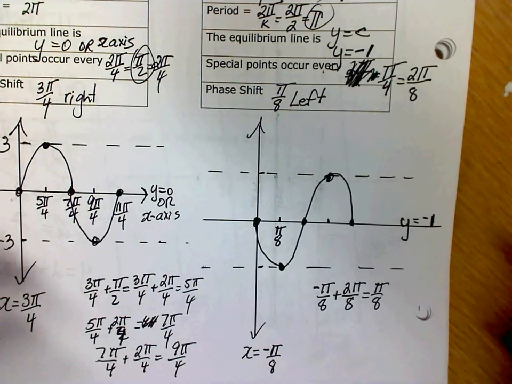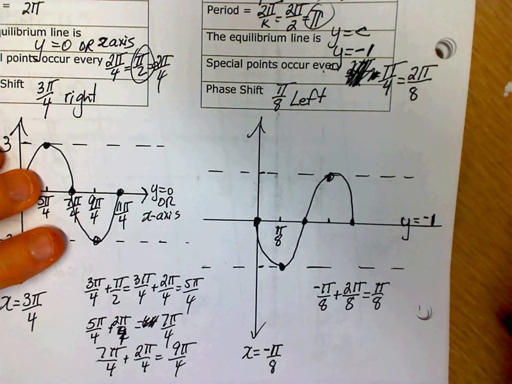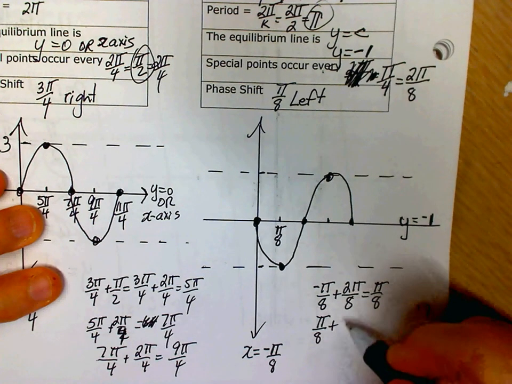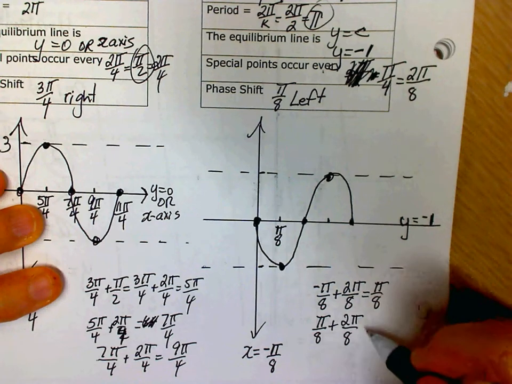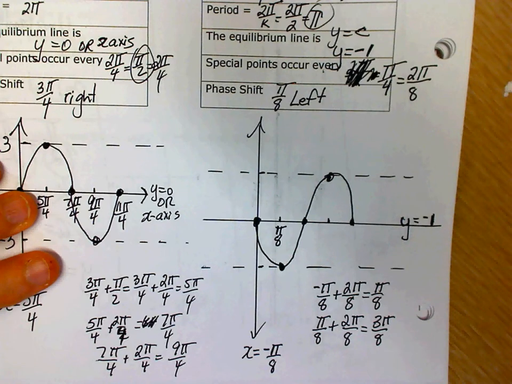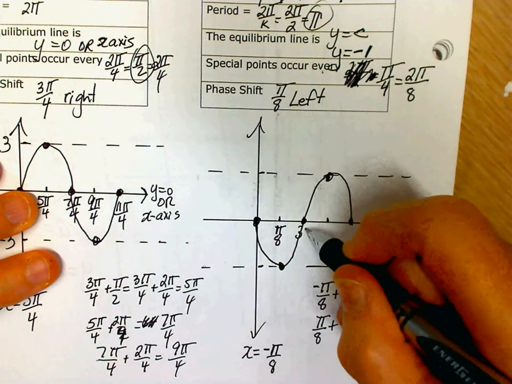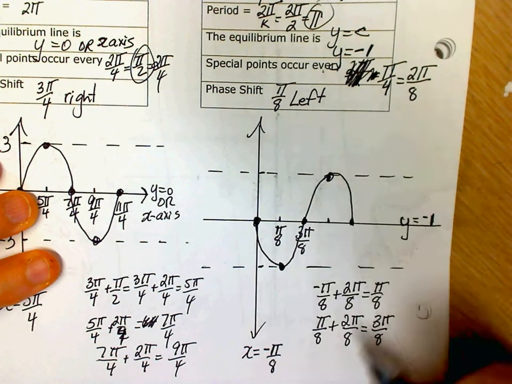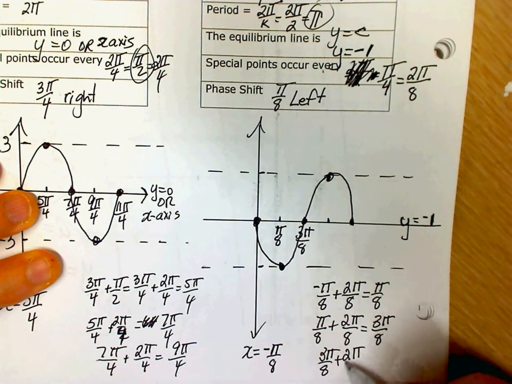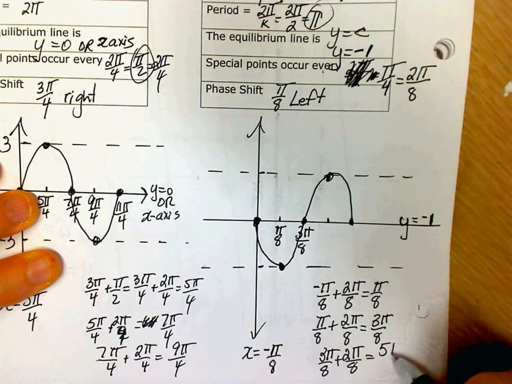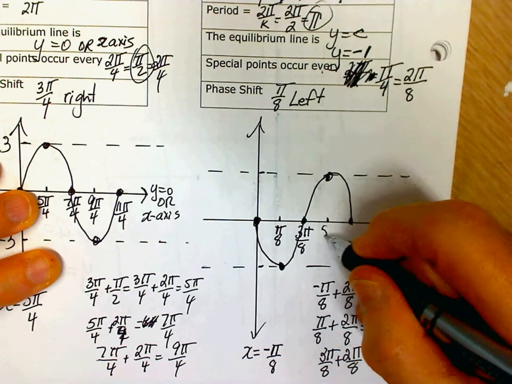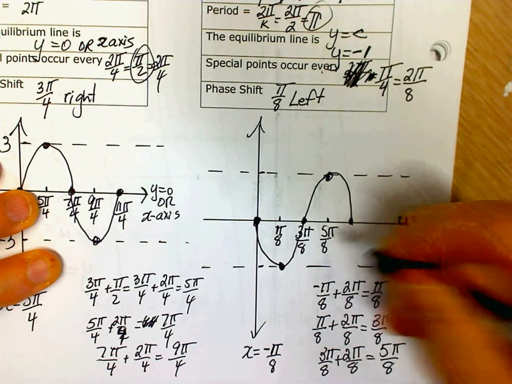So we go add 2 pi over 8 to pi by 8, and we get 3 pi over 8. So this is 3 pi over 8. Then we go 3 pi by 8 plus 2 pi over 8 equals 5 pi by 8. And add 2 more pi by 8, you get 7 pi by 8.